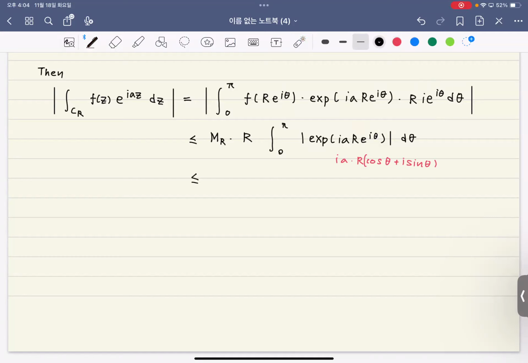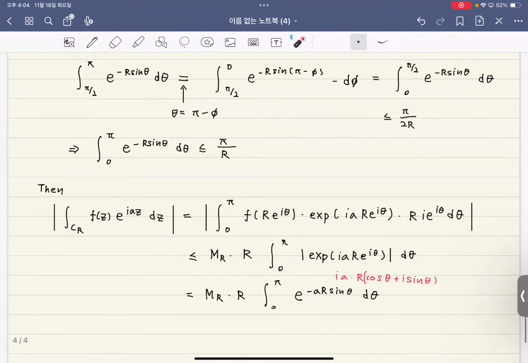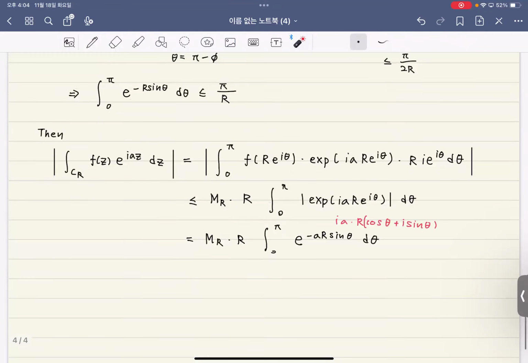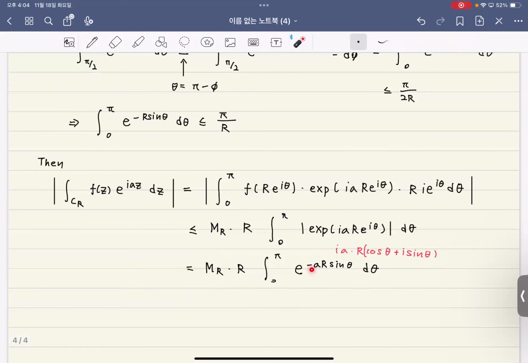So it is just M_R r times the integral from 0 to pi of e to the minus a r sine theta d theta. Can I make use of this theory? Not exactly, because I have a here, but I do not have a there. But this problem can be simply resolved by using a simple change of variables.